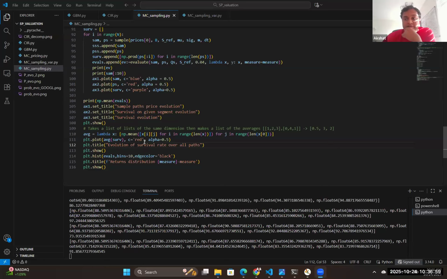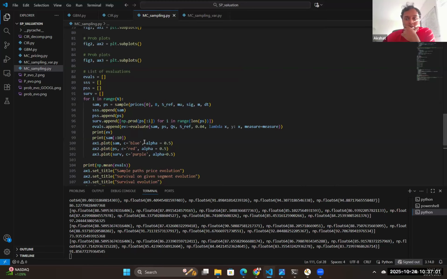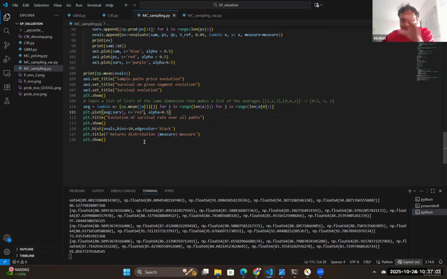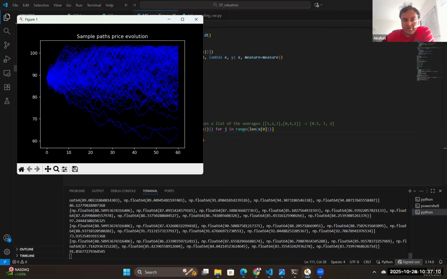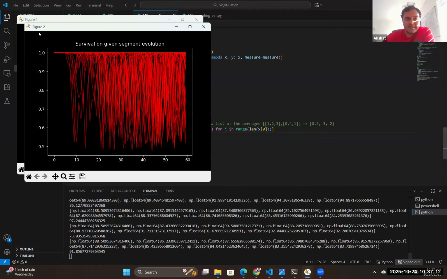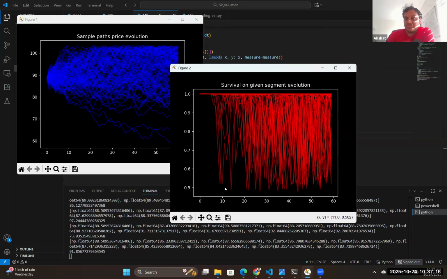Here you can see an example of our model that disregards volatility, so it uses a simple understanding of volatility. Here we have a clear understanding of the paths that we're going to see, and of the survival on each segment, which is the probability that it is or is not called.